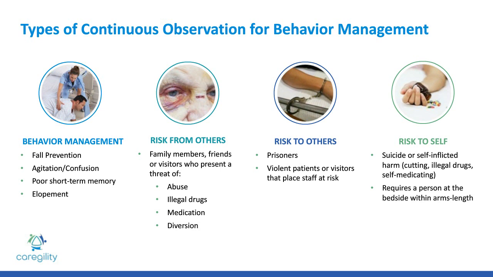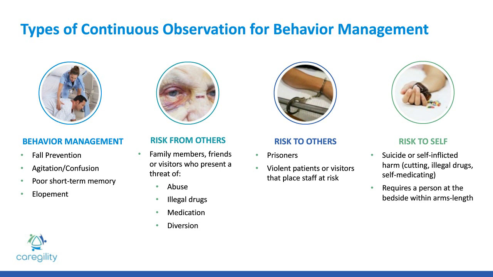Having done lots of virtual observation over the years, we've seen all kinds of behaviors, not just from patients, but from visitors as well. Risk to others can also be an issue. Sometimes there are prisoners or violent patients or visitors that can place staff at risk.